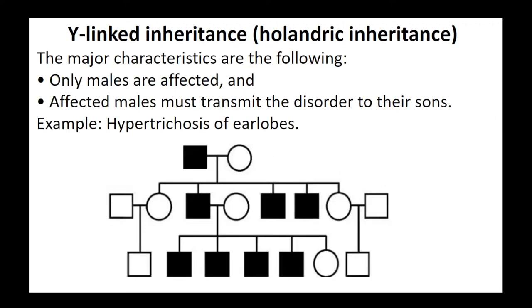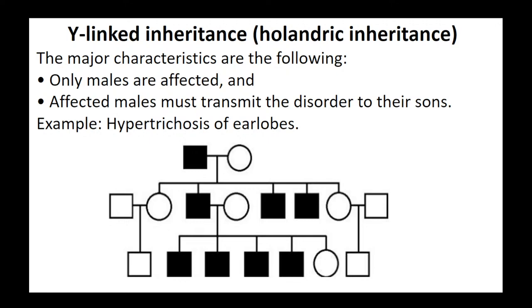Next type of inheritance is Y-linked inheritance. This type of inheritance has another name, holandric inheritance. This is inheritance of genes which are present in the Y chromosome. Only males are affected.